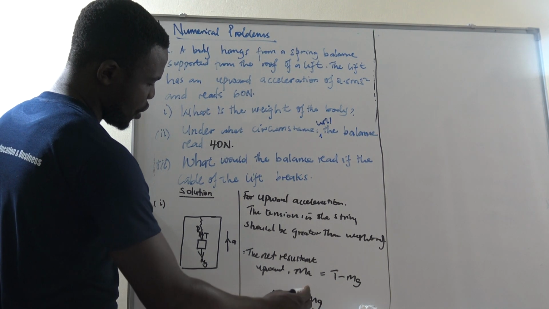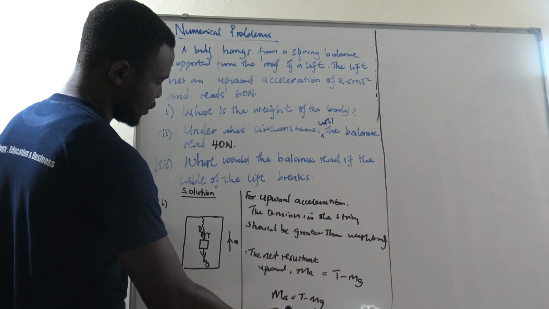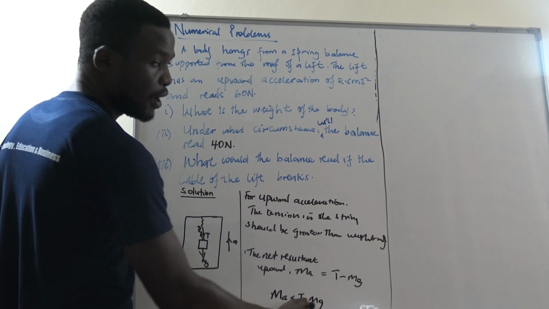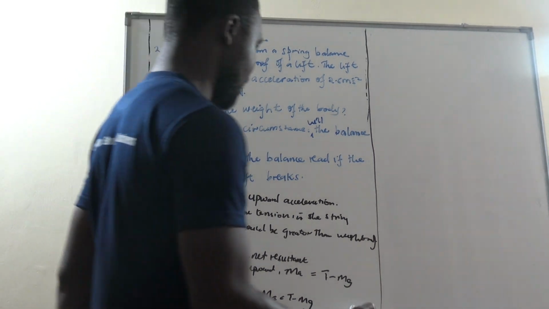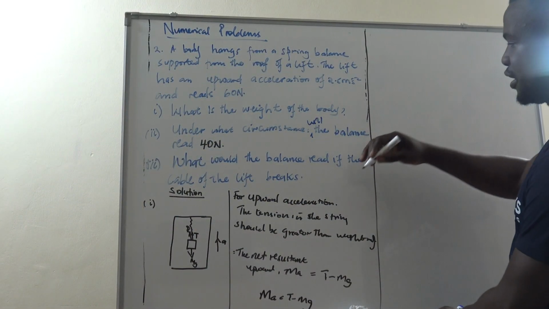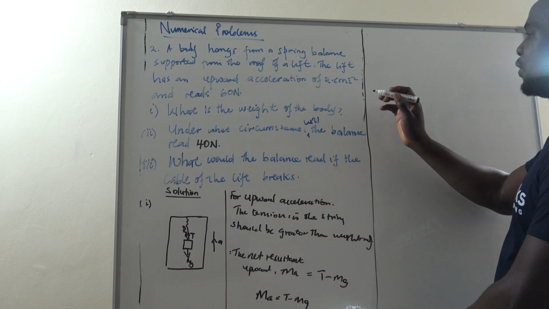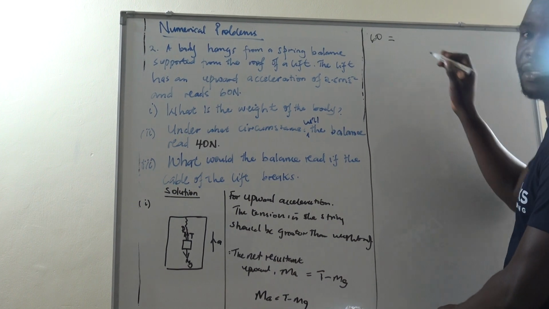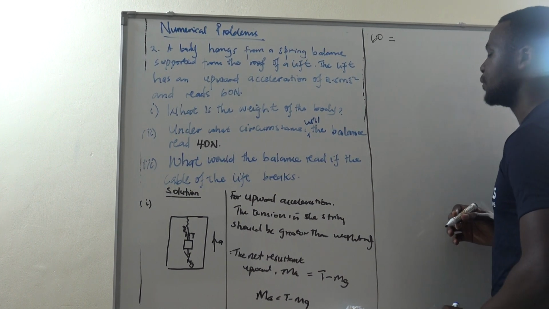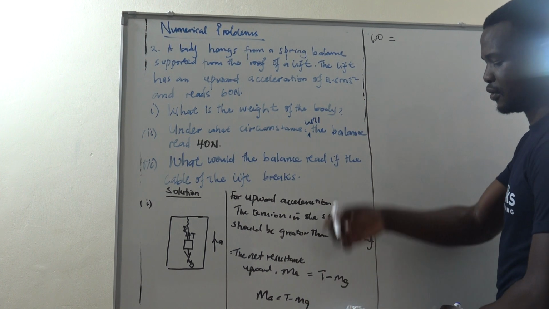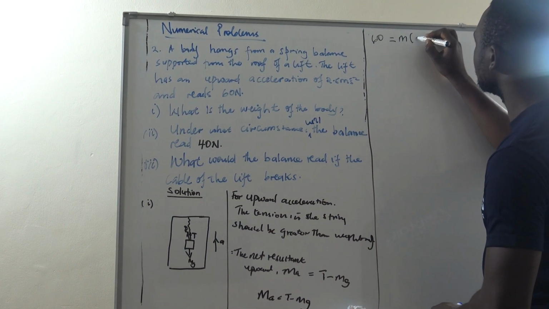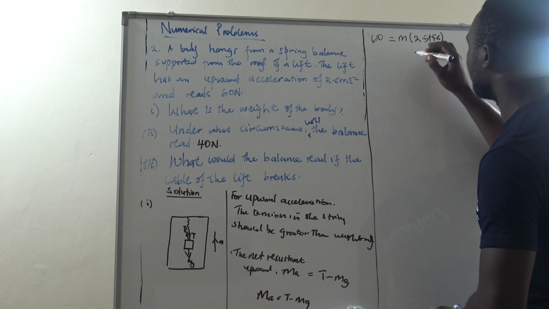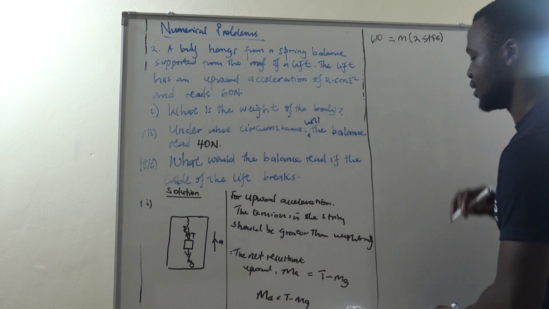Now, what do we know? The tension in the string is equal to ma plus mg. On further calculation, the tension is the reading on the spring ballast. Therefore, 60 is equal to m into a, which is 2.5, plus 9.81.